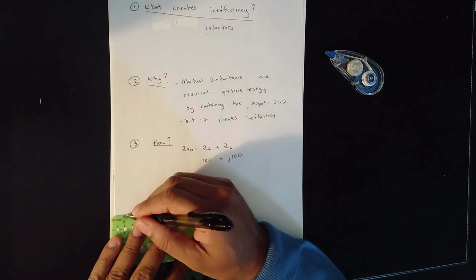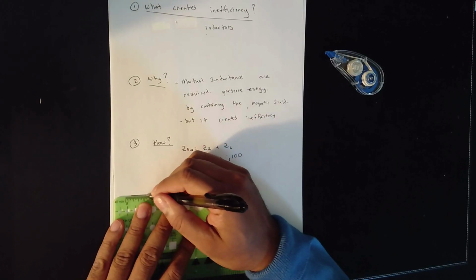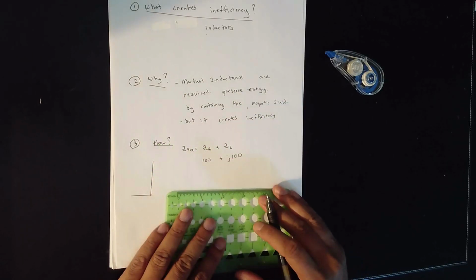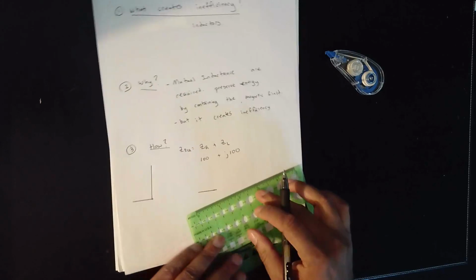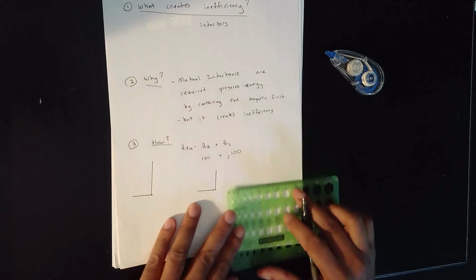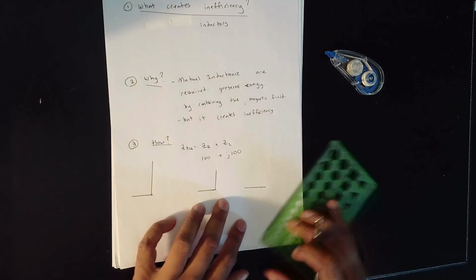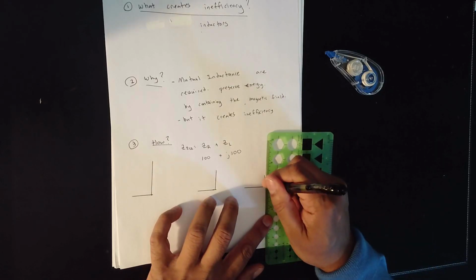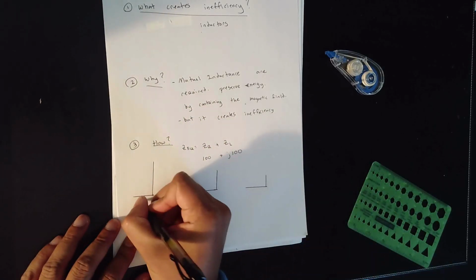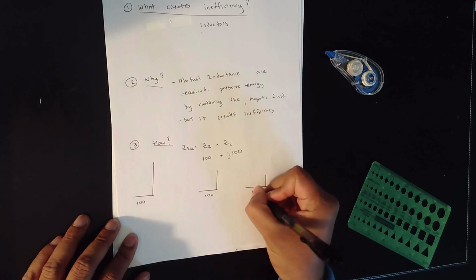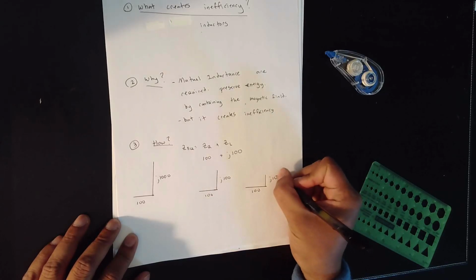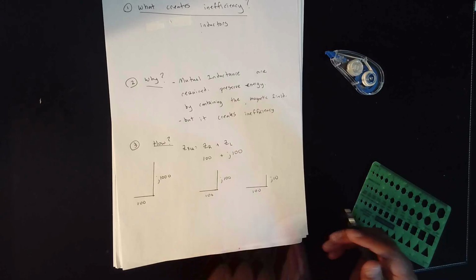So let's draw this out. I'm going to draw a triangle, and I'm going to make a j1000 here, a j100 here, and a j10 here, with 100 as the real component each time. We're just going to decrease the inductor as we go.